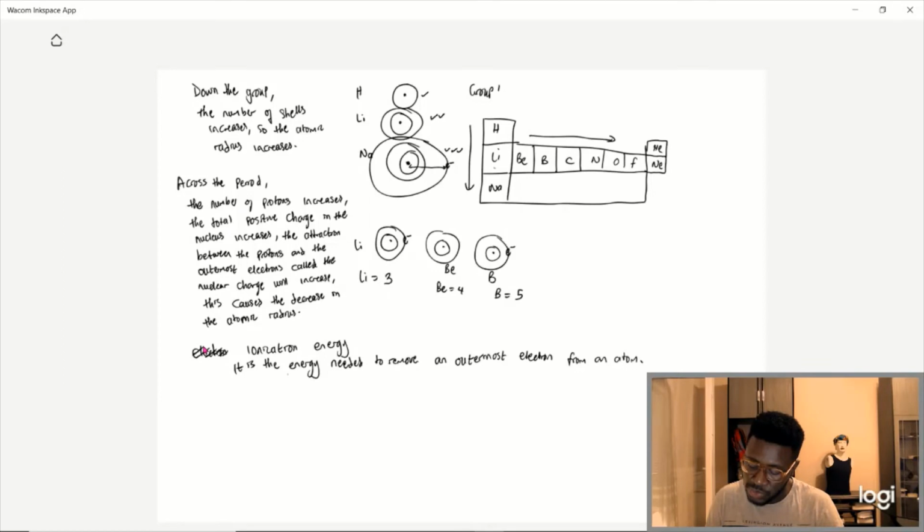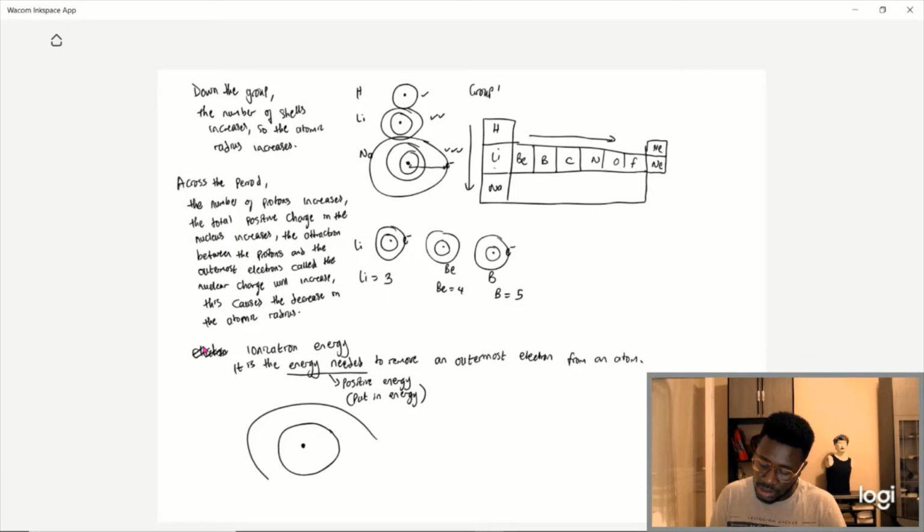Okay, so whenever we say energy needed, we're talking about positive energy. So you need to put in energy. Why do you need to put in energy? That's because there's an attraction between the nucleus and the electron. Because this attraction causes the electron to be stable and to go towards the nucleus, in order to break this attraction, to break this stability, you need to put in energy.